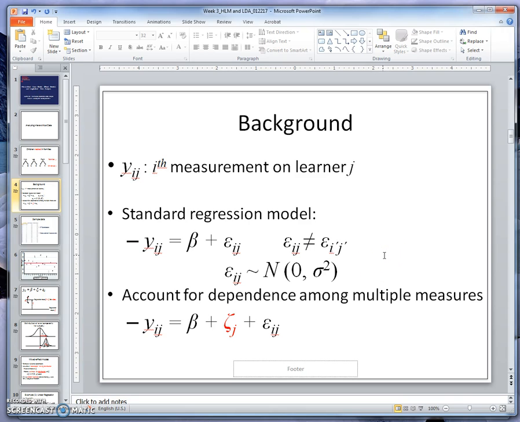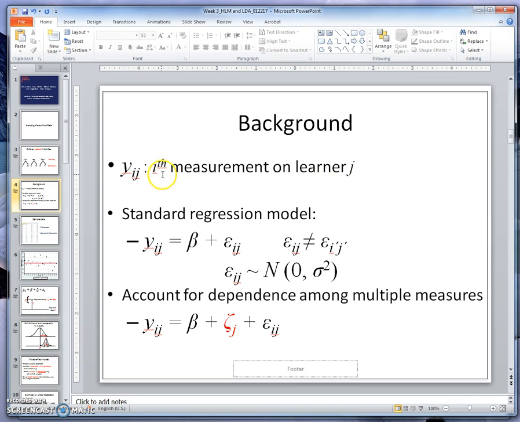Now, if we talk about a nested model, we now have several different measurements of the same learner. For example, in longitudinal data analysis, you have the same learner measured over multiple occasions.